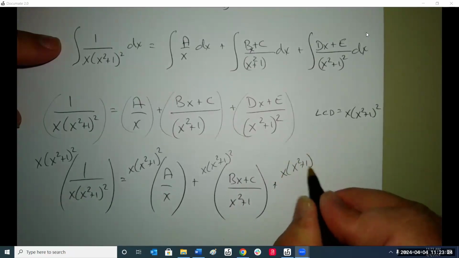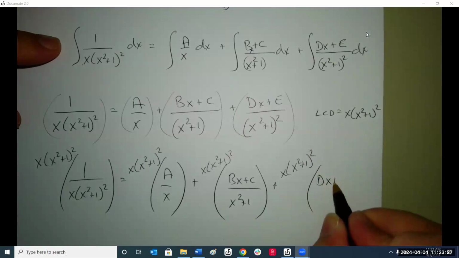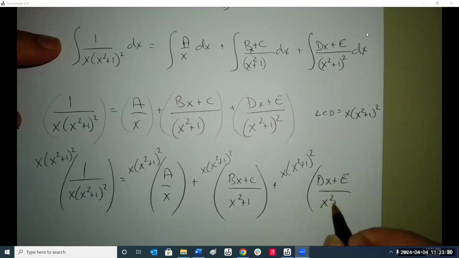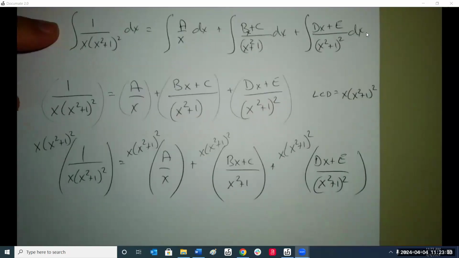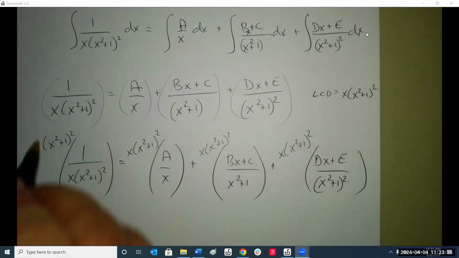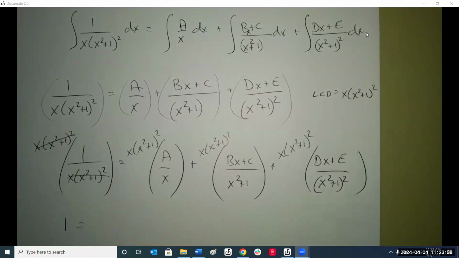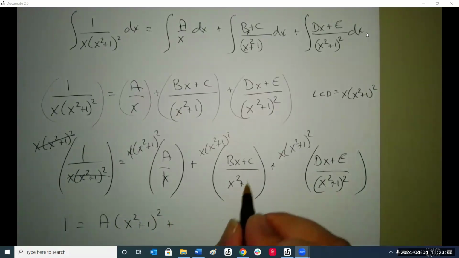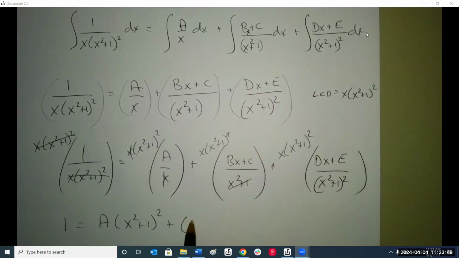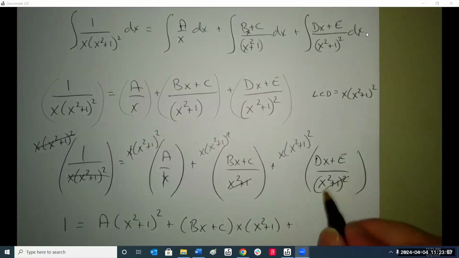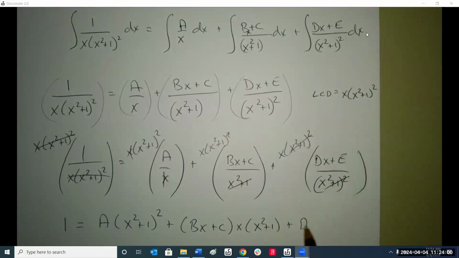Now reduce, all those are gone, so I have 1. The x is gone, so I have a times x squared plus 1 squared. One of those is gone, so we have bx plus c times x squared plus 1. So we have dx plus e times x.